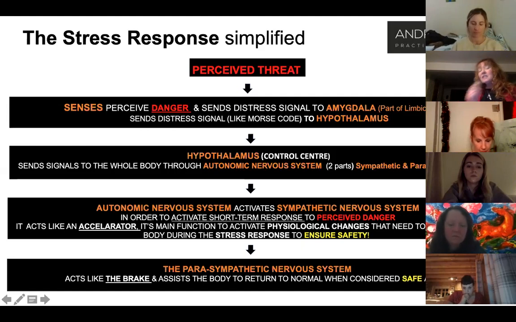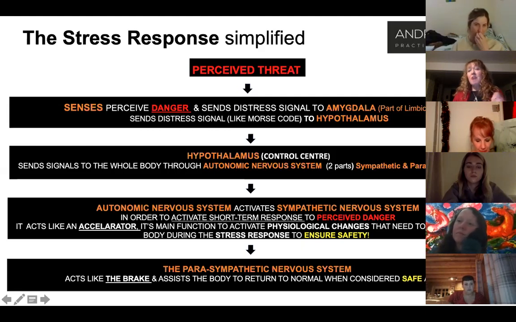So in the situation of the stress response, the autonomic nervous system will then activate the sympathetic nervous system, okay? Which will really get your body ready to run, in effect. So you will produce more cortisol, more adrenaline, and it acts like an accelerator.